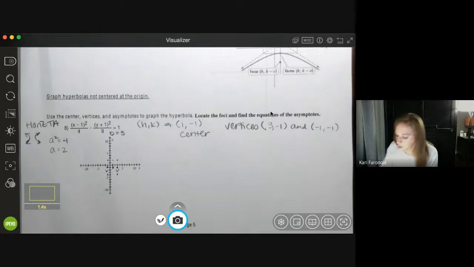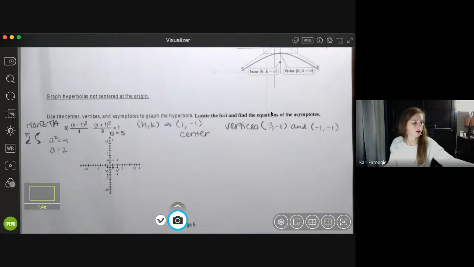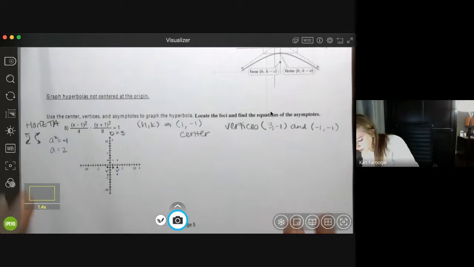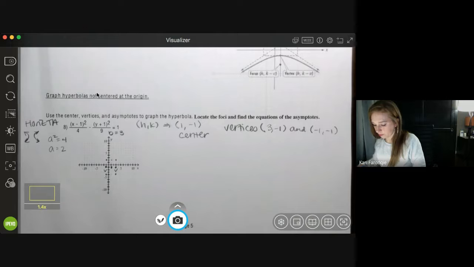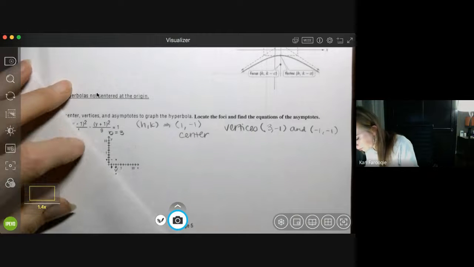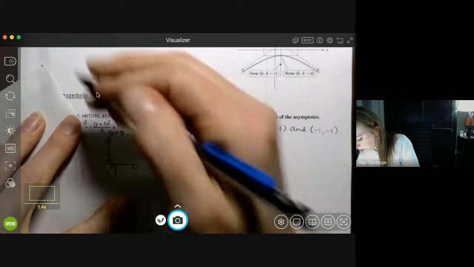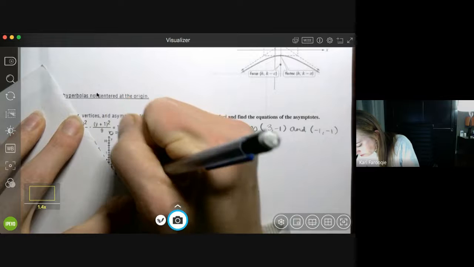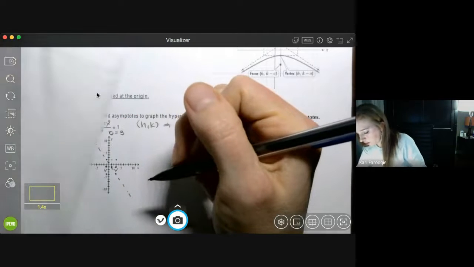All right, now that you have your rectangle, go ahead and connect these corners with some nice asymptotes. And don't go ahead and write the equations yet. I'm going to show you how to write the equations since our center is not at the origin. And we also are going to have to list the foci too.